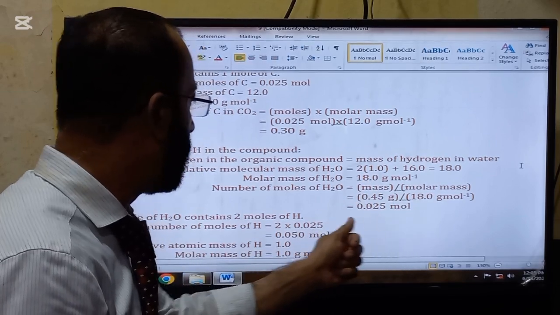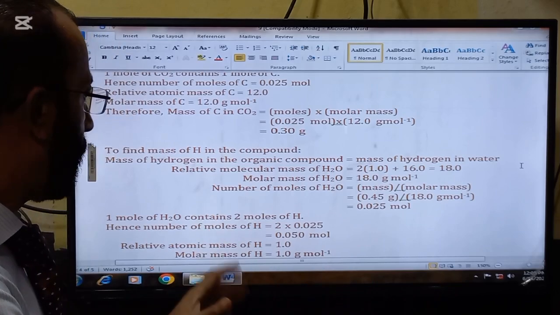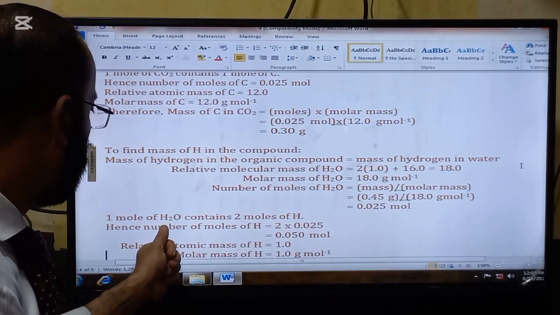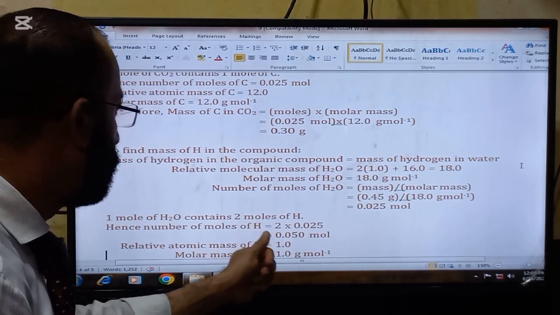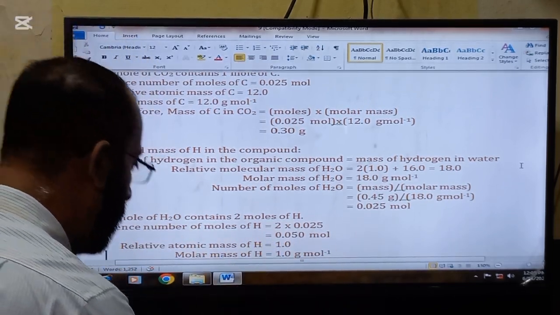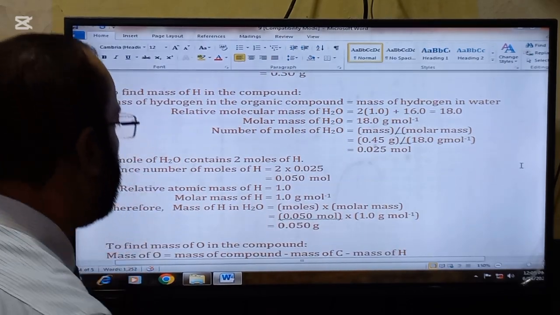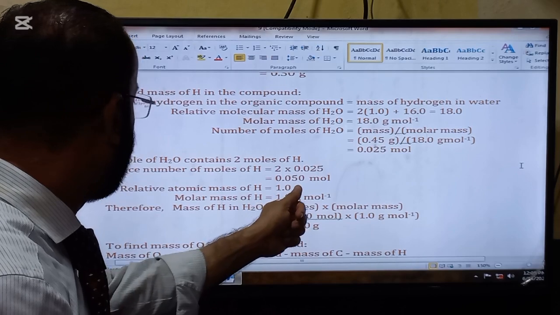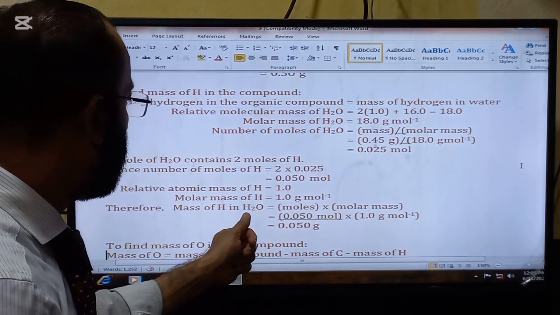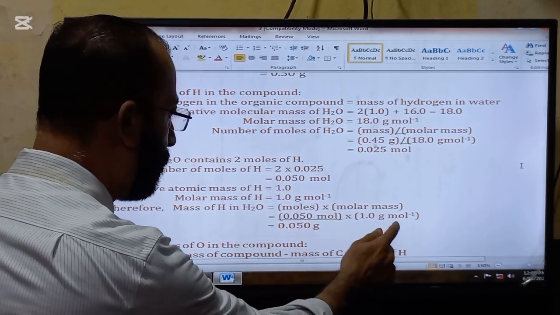So these are the number of moles of H2O which are produced, and in the H2O molecule there are 2 moles of H. So 2 multiplied by this number, so these are the number of moles of H. So this is the number now. Therefore the mass of H in H2O is moles multiplied by molar mass.